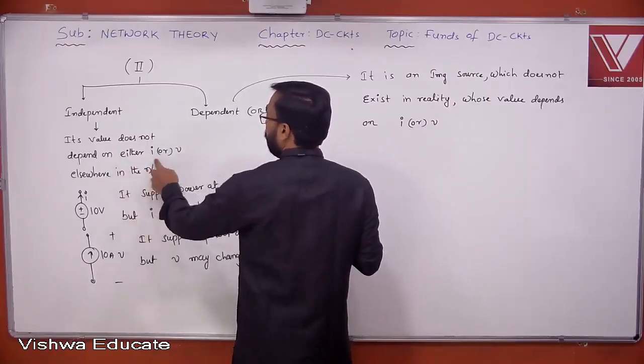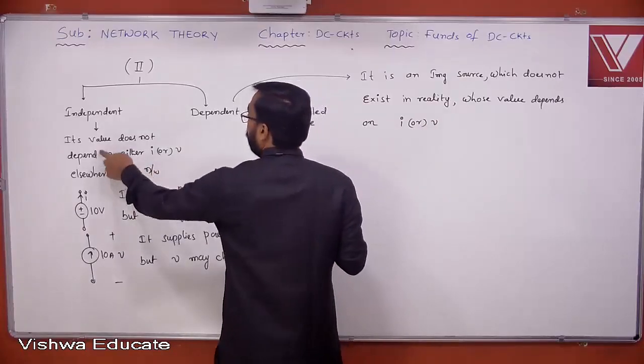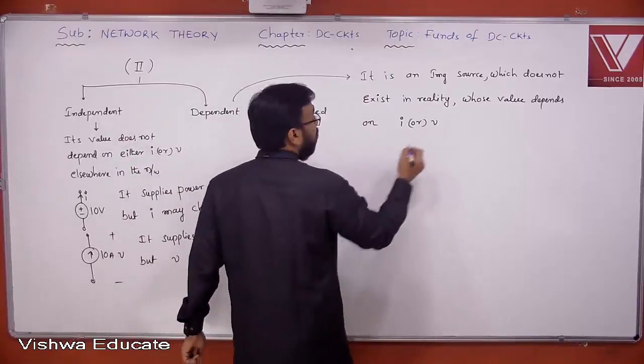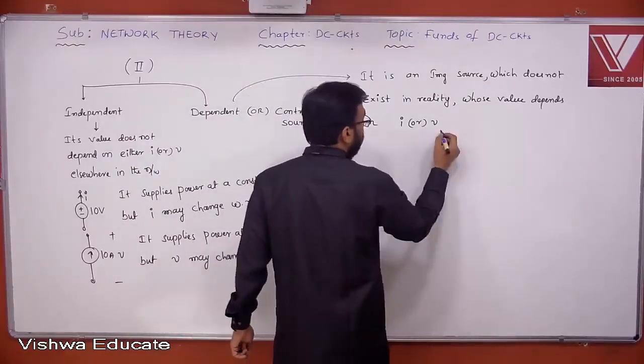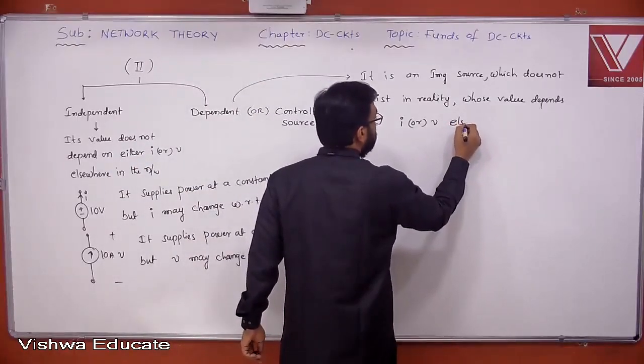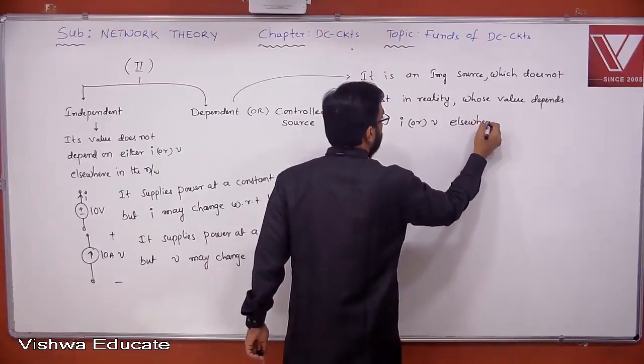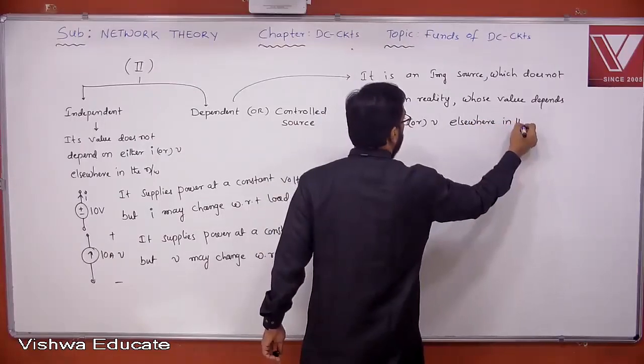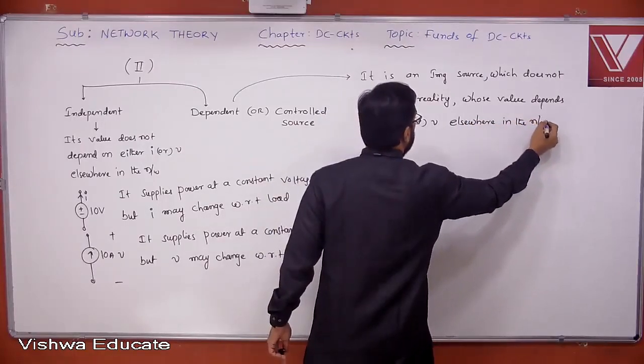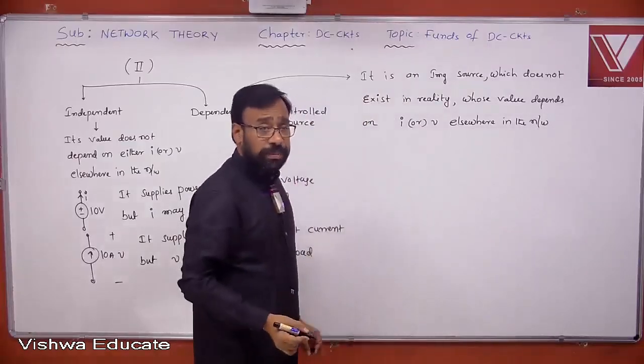Look at this, either current or voltage elsewhere in the network, which does not depend, but here, which depends on either current or voltage elsewhere in the network. Hope you understand, all of you, okay?